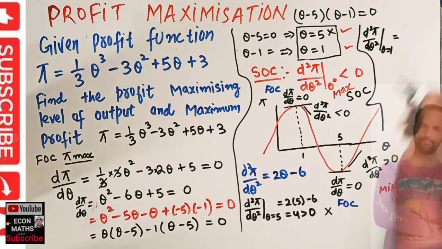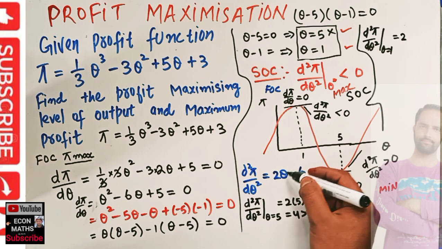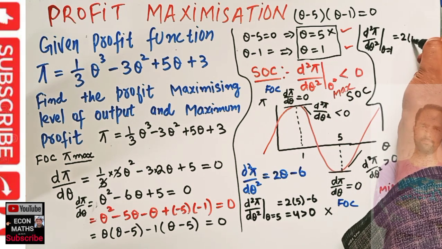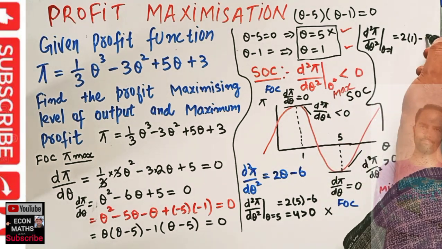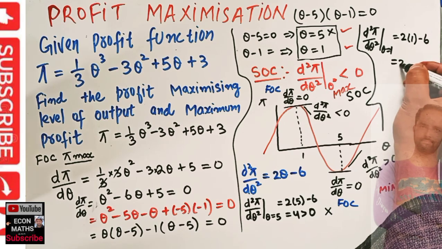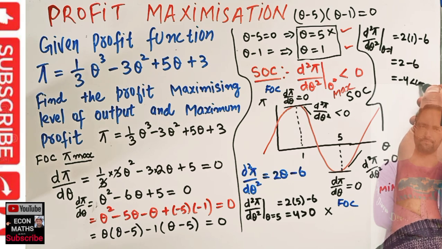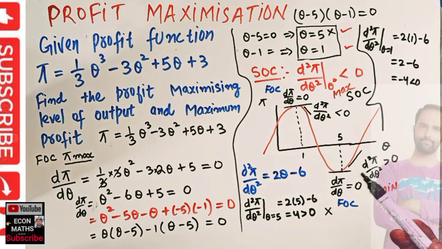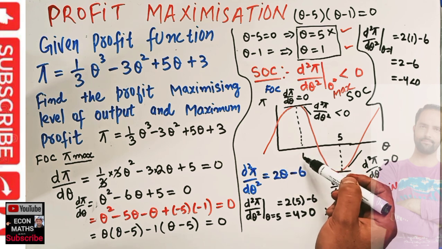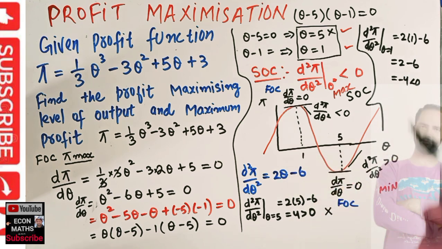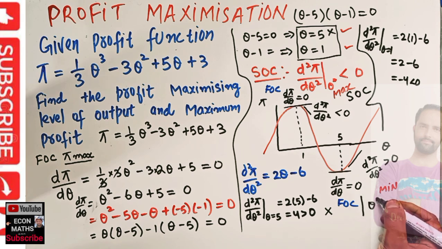So we have 2 in place of q, we have 1 this time, so 2 times 1 minus 6. Here you can see 2 ones are 2, minus 6 comes out to be minus 4, which is less than 0. That means the second order condition is being satisfied when output is 1, because we got the second order derivative as negative. So our profit maximizing output will be equal to 1.